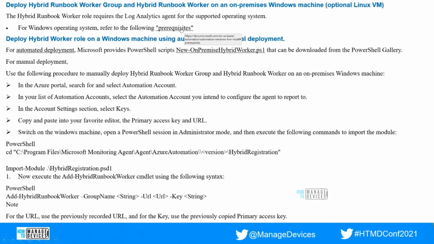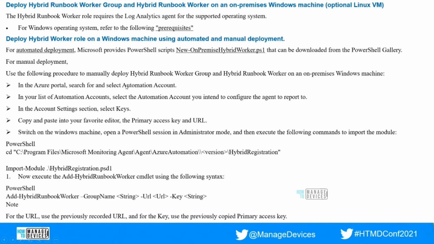We will be covering it in depth in our upcoming blogs on noobsina.com, so keep checking that as well. It will be a little more in depth, advanced level 300, so that it is easy for you to understand. Now, how to deploy a worker role on a Windows machine in automated and manual deployment, we will see that very quickly.